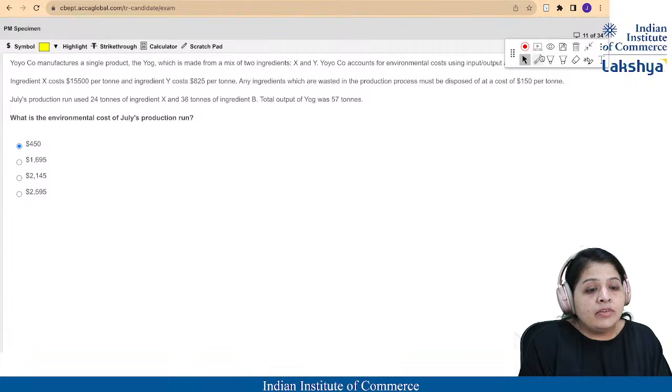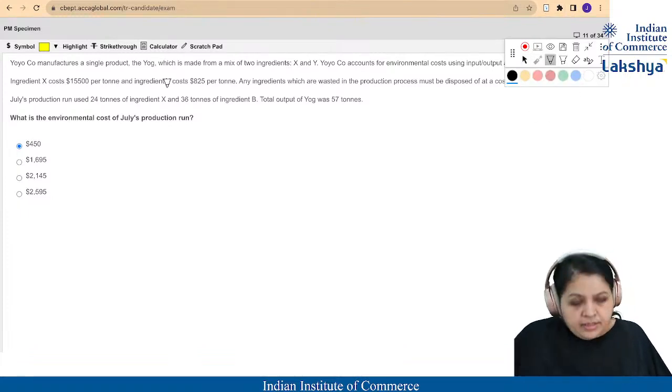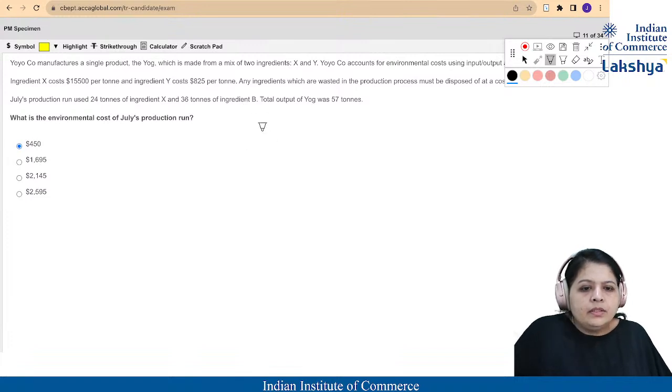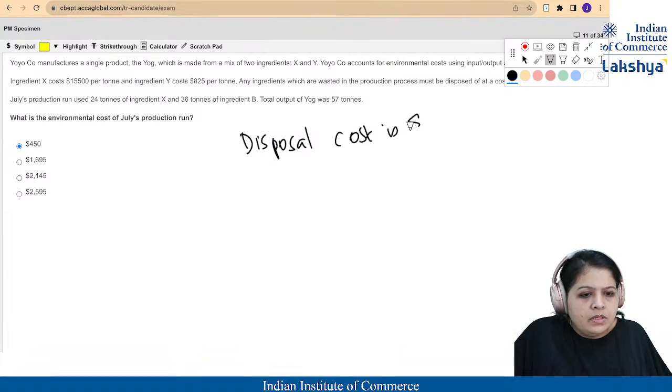We need to find out the environmental cost. It is actually a very, very simple question, right? What it says is that the disposal cost is 150. So let me just put that straight. The disposal cost is $150, right? Per ton.